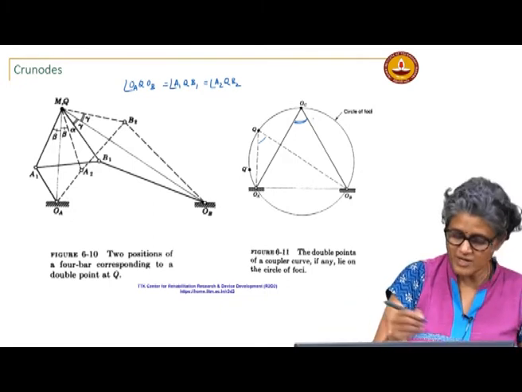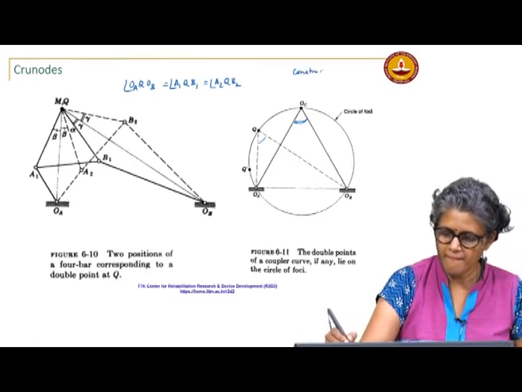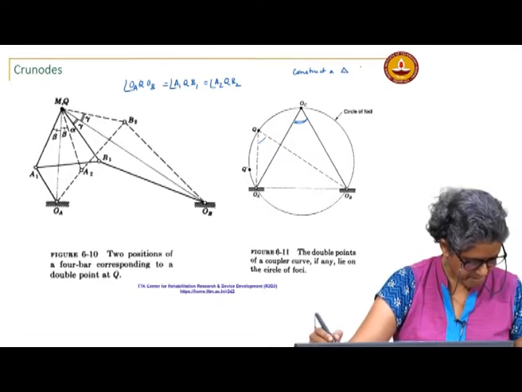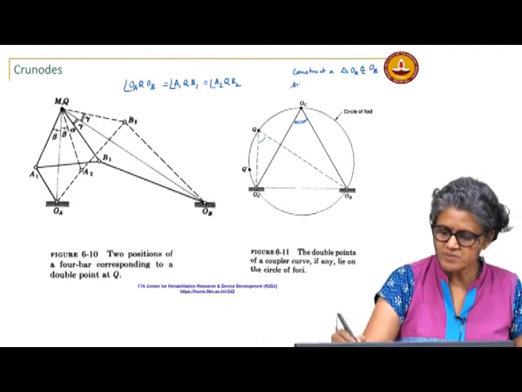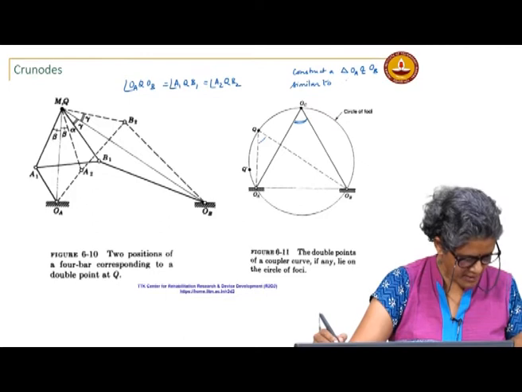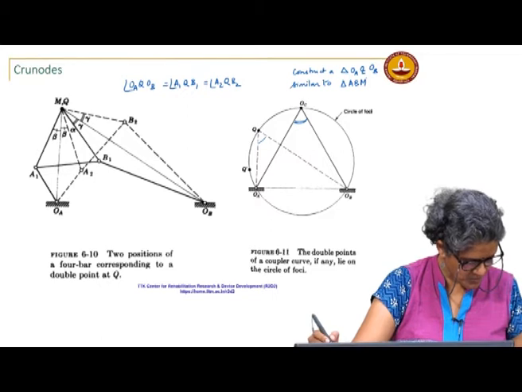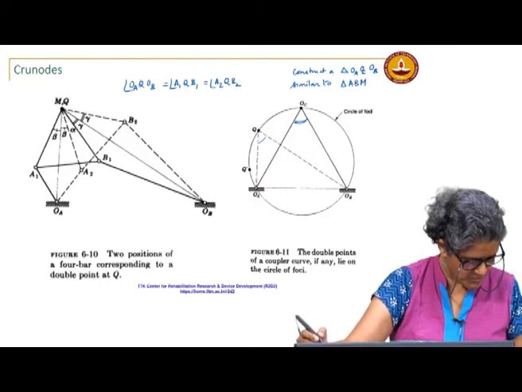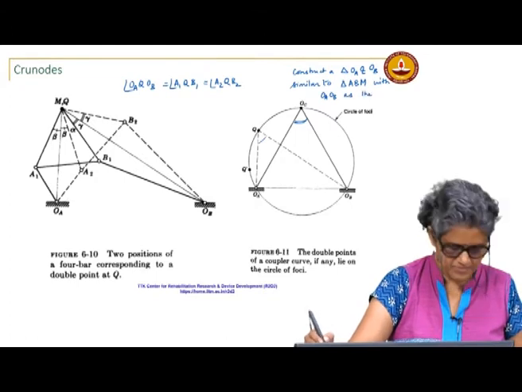So, I construct a triangle OA, OC, OB, which is similar to the coupler triangle ABM, with OA OB as the base.